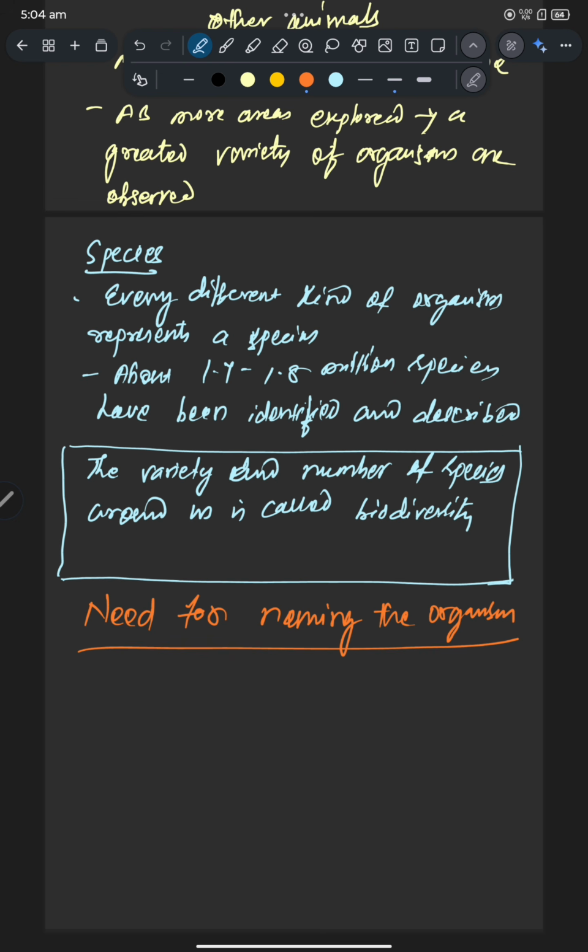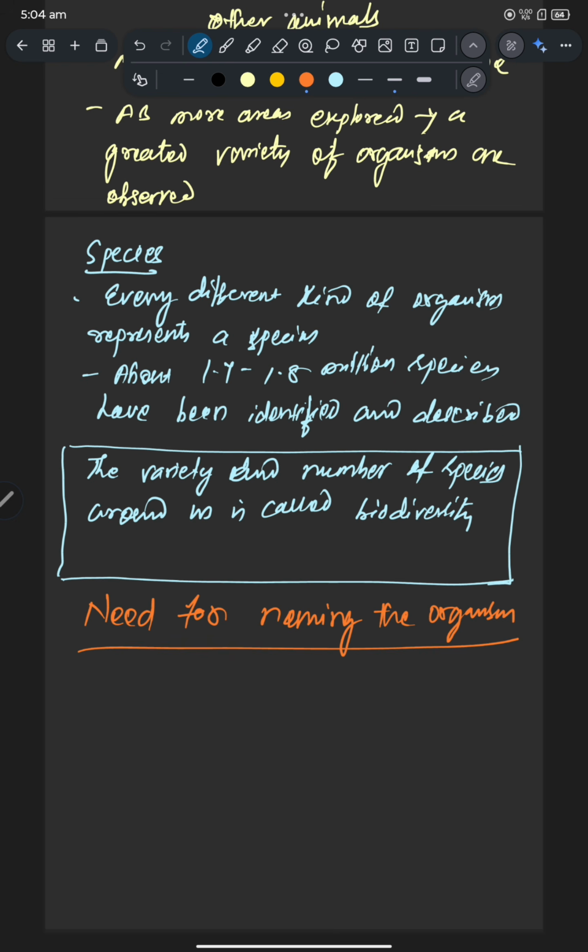So why is it needed? Because there are varieties of organisms, and these organisms should be recognized and studied globally. So if we give a local name, like if we go to foreign countries and say we saw a kutta, they will not understand. Okay, so it will create a confusion in communication.